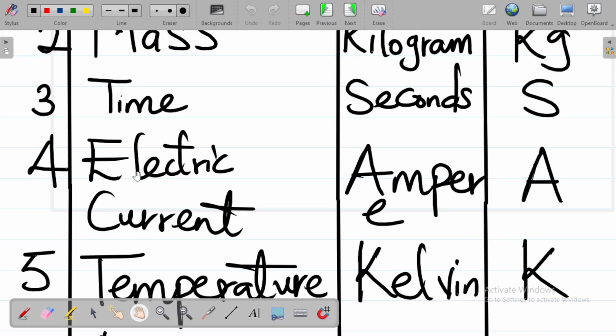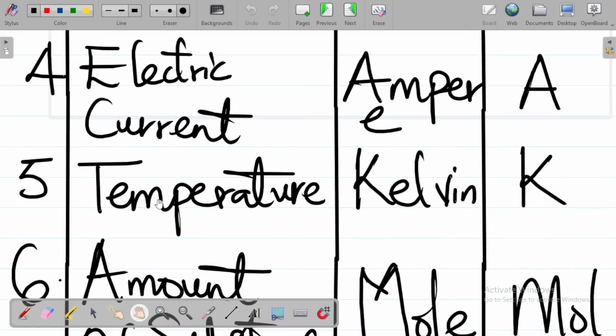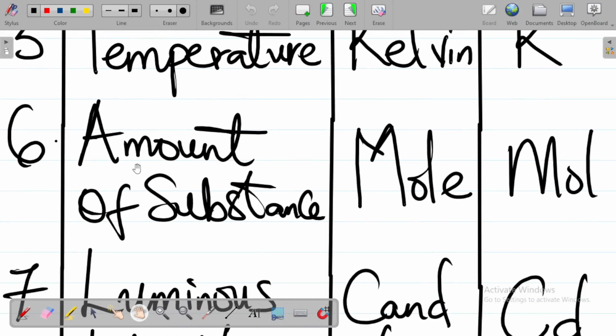We have electric current. Electric current is measured in ampere, and the symbol for ampere is A. We have here temperature. Temperature is measured in Kelvin, and the symbol for Kelvin is K. We have amount of substance. Amount of substance is measured in mole, and the symbol for mole is mol.